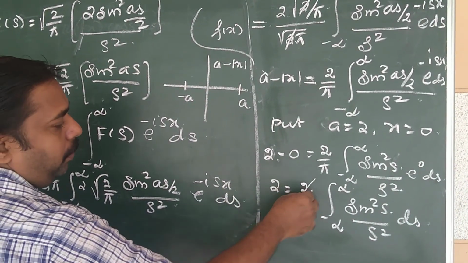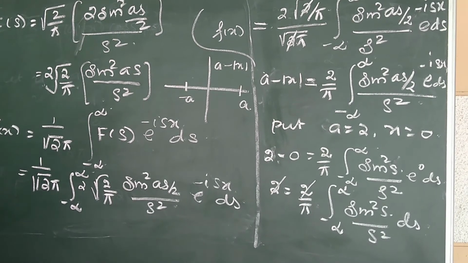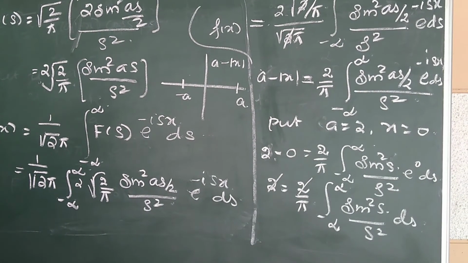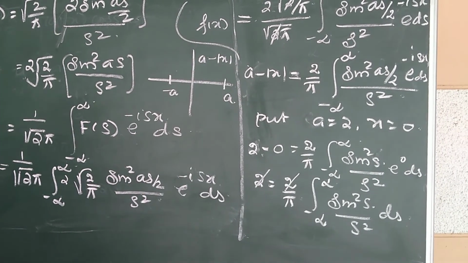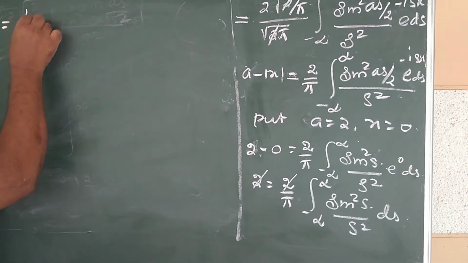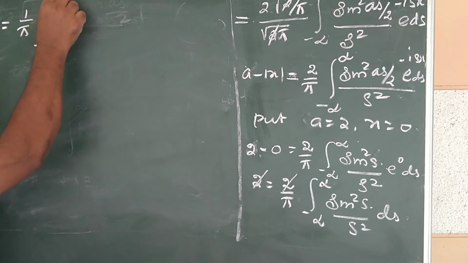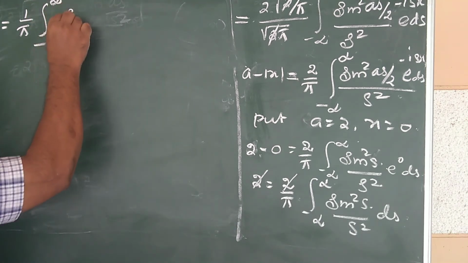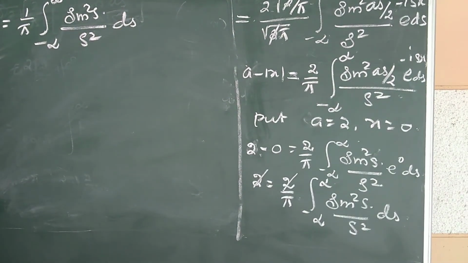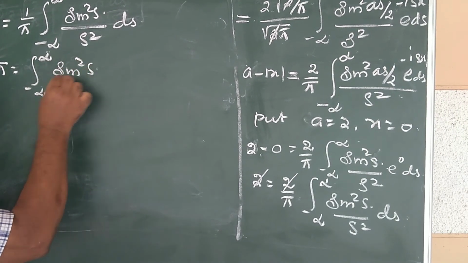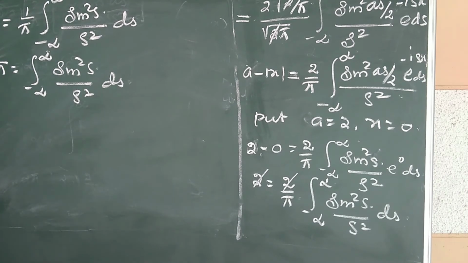This 2 cancels, so that is 1 by pi integral minus infinity to infinity sin square s by s square ds. So you cross multiply.